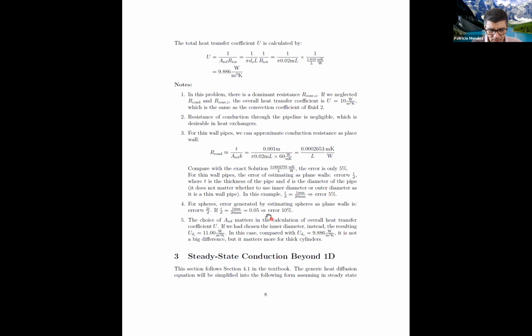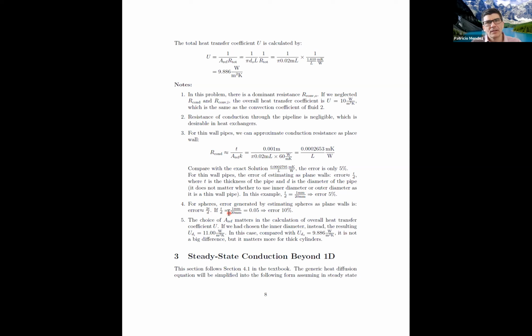For spheres, the error in assuming that the surface of a sphere is just a wall instead of being an actual sphere would be 2 times thickness over d. So if we have a sphere of 1 millimeter wall and 20 millimeters in diameter, we can use the formula for spheres and calculate the heat transfer by conduction, and we would get a number.